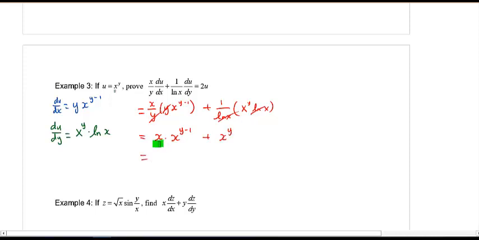Hopefully you can see that this is x to the power of 1. So the bases are the same. What can I do to the exponents? Yes, I can add them together. So 1 plus y minus 1 is just x to the power of y. That's x to the power of y. That looks like there's 2x to the power of y. And what's x to the power of y? 2u. So your proof is done. Yay!